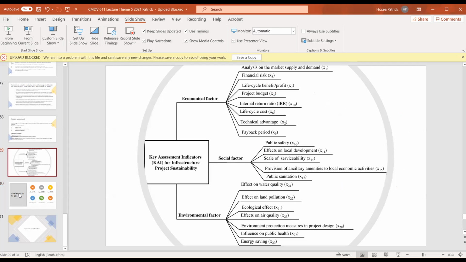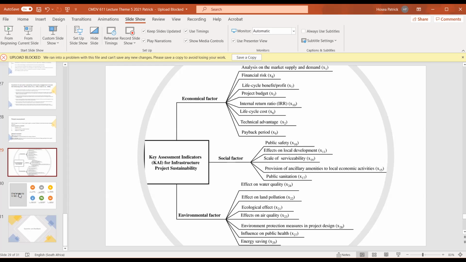monitoring and evaluation. Okay, I skipped this slide. I don't know how that happened. That's on assessment, right? When we talk about assessment indicators, we look at the economic factors, the social factors, and the environmental factors in assessment.